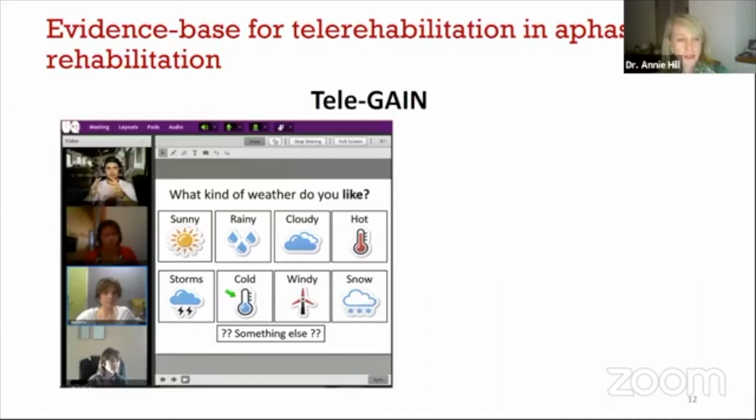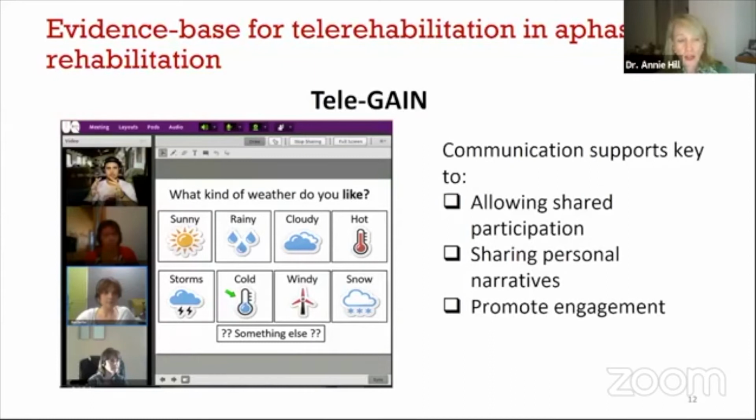So it's about being able to display images or videos using things like whiteboards, all of those types of tech features which allow the person with aphasia to actually participate fully.